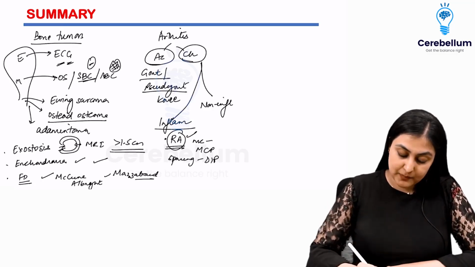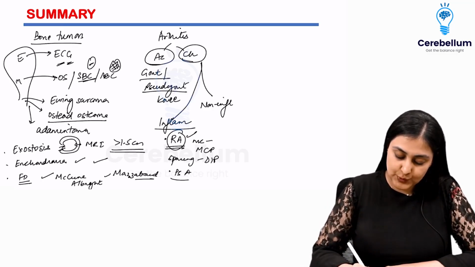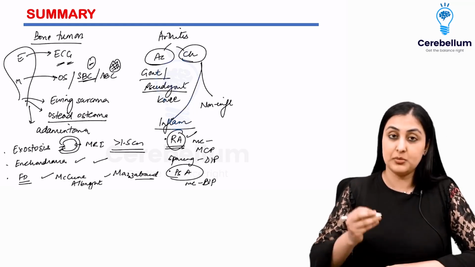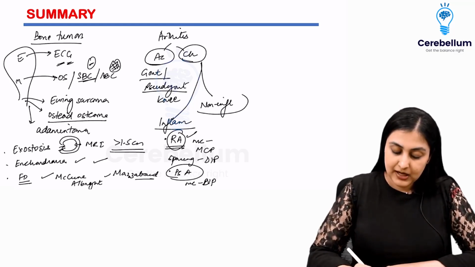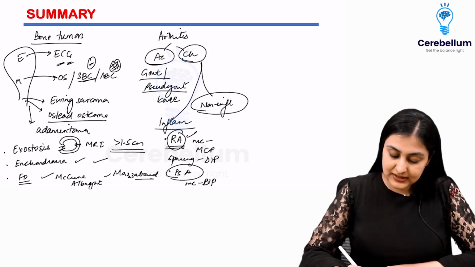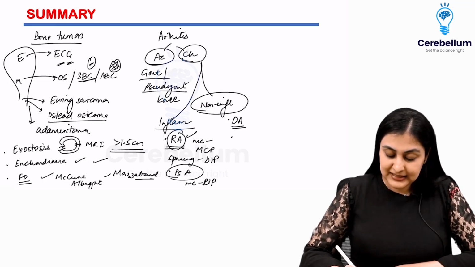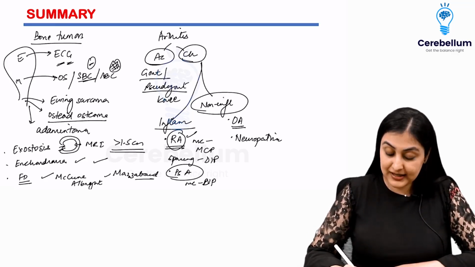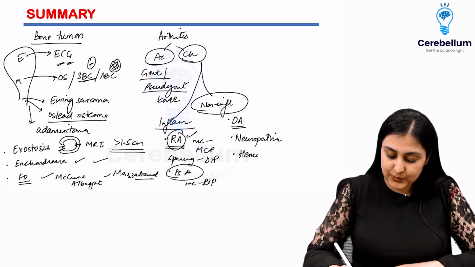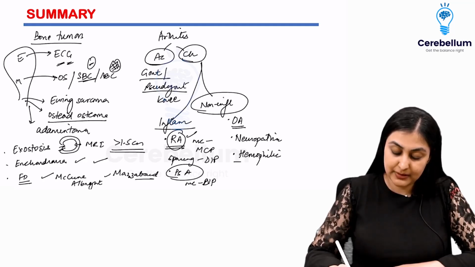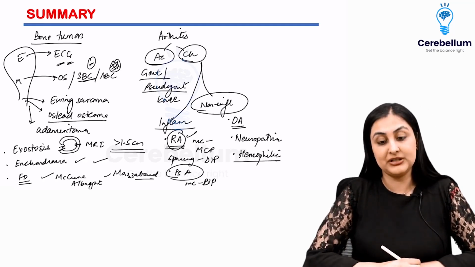What is spared here becomes the most common in psoriatic arthropathy, isn't it? So DIP is the most common in psoriatic arthropathy. Amidst the non-inflammatory arthritis, remember large joints, osteoarthritis. Then if there is no pain but looks bad, neuropathic arthritis. If it's a child with recurrent hematomas, remember hemophilic arthropathy.